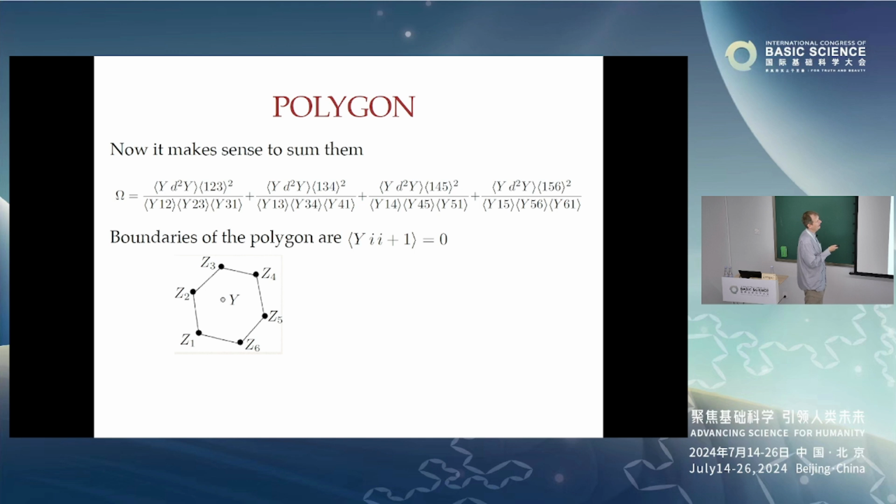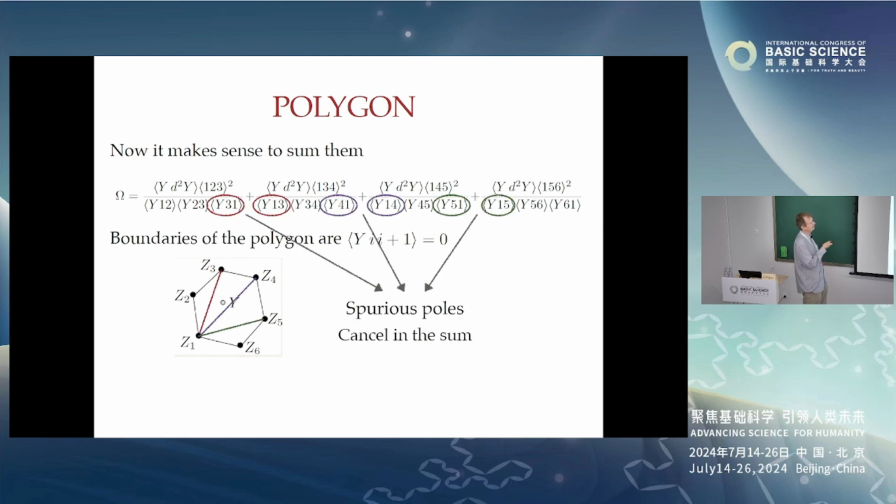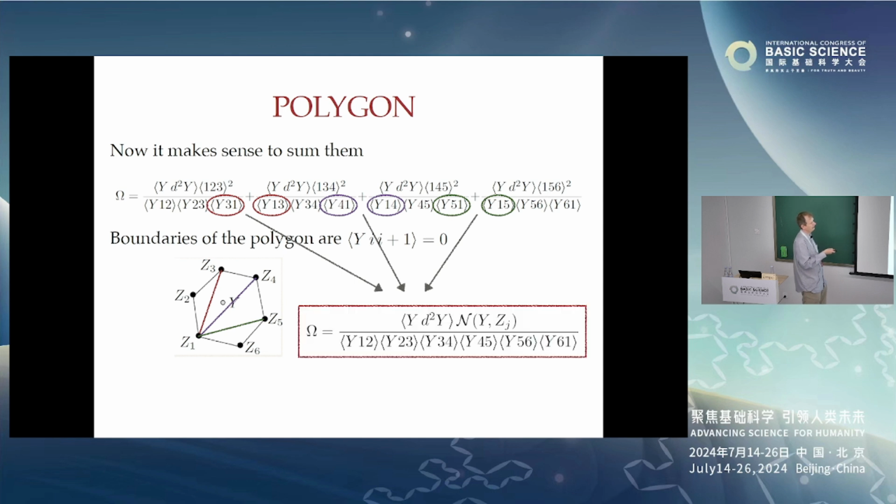But note that there are, again, these spurious boundaries from triangulating. So some of the poles in the form correspond to spurious boundaries, and these are spurious poles in the form. And once we sum everything together, they should cancel, because the only boundaries are really just the lines zi, zi plus 1, which should show up in the denominator of this form with some non-trivial numerator.